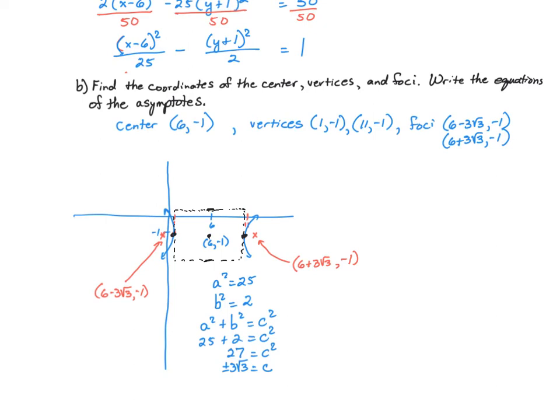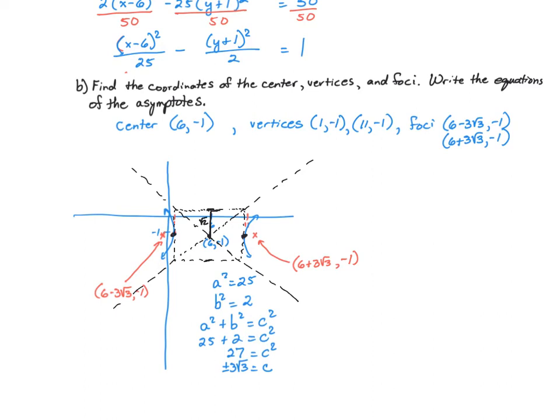Here's why this is important. Because remember, the diagonals of this central box can be extended and you will have your asymptotes. Same thing over here. So what are the slopes of those asymptotes? The rise is square root of 2.